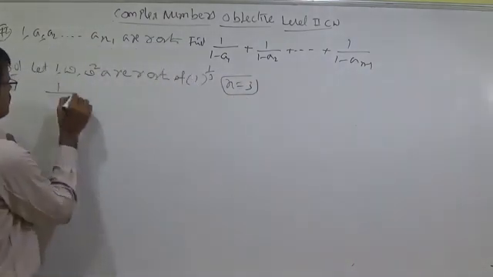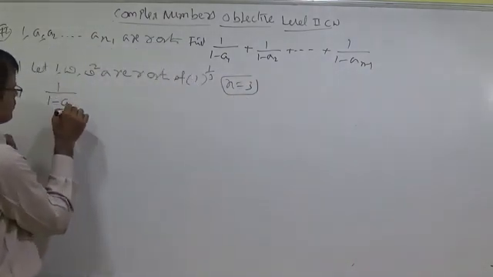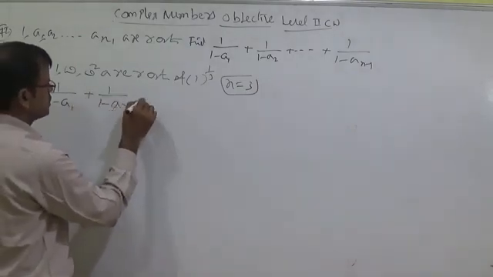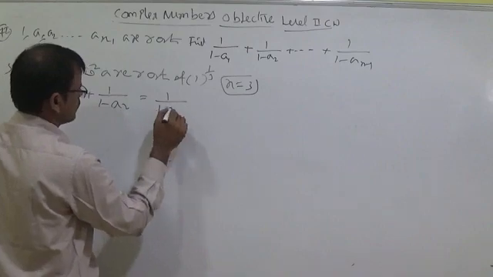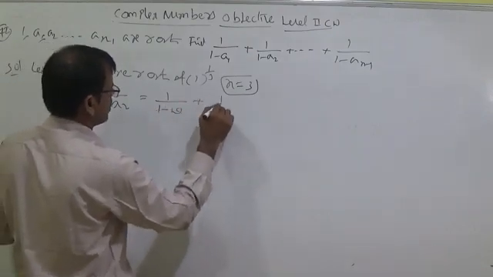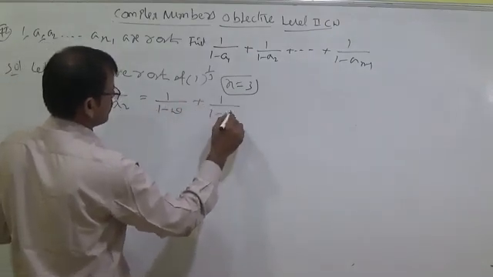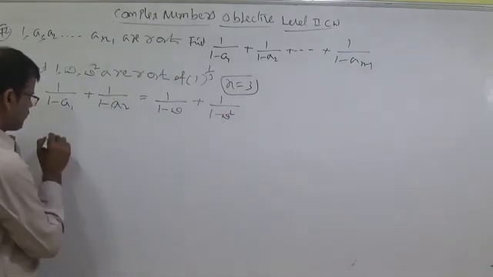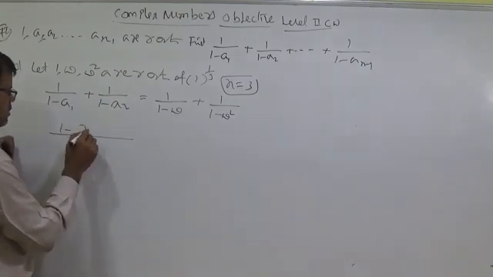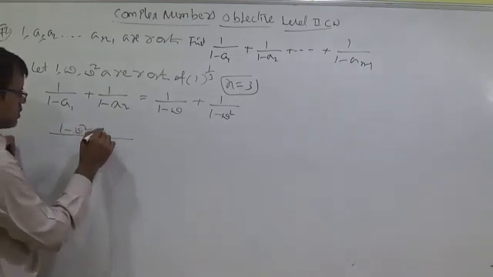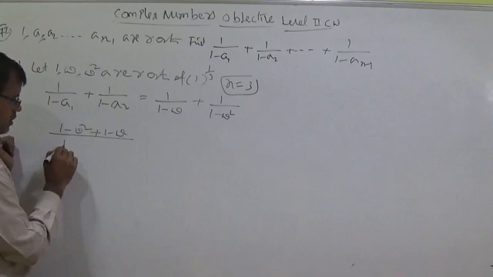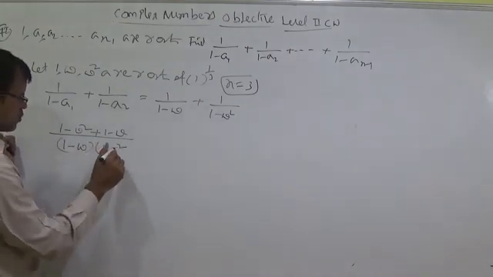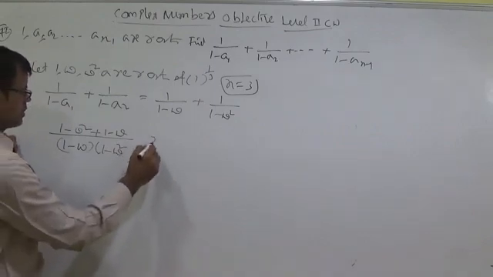You can understand here 1 by 1 minus a1 plus 1 by 1 minus a2 can be written as 1 by 1 minus omega plus 1 by 1 minus omega square. Take LCM and write here 1 minus omega square plus 1 minus omega, whole divided by, in the next step, 1 minus omega into 1 minus omega square.